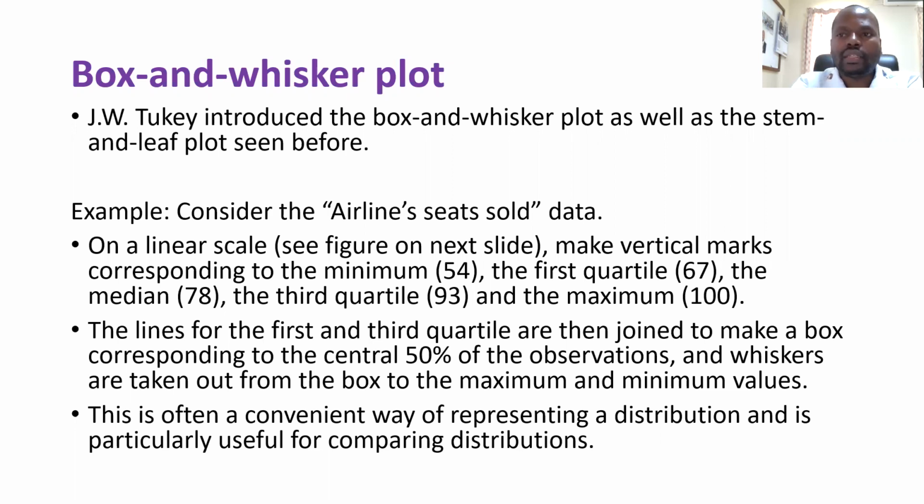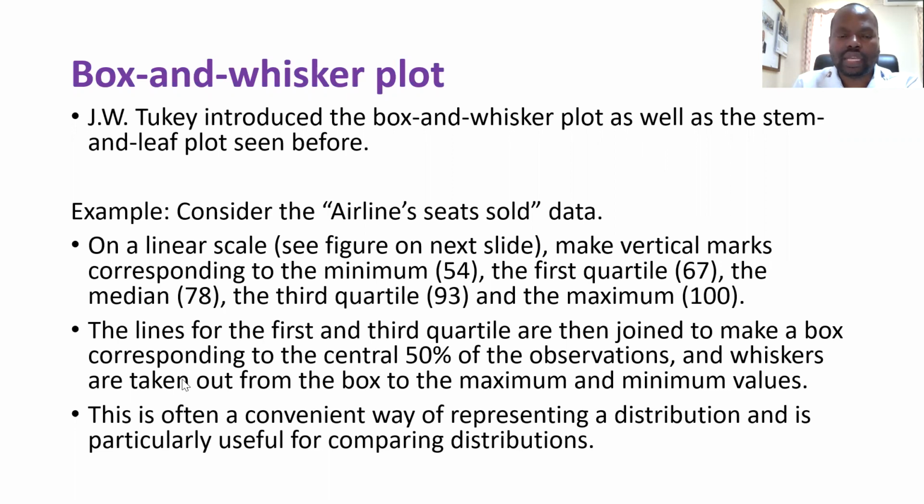So this data, the airline seats data, we have already seen when we were looking at the quartile, semi-quartile deviation. So we already had these quantities, 67, 78, 93, 100.